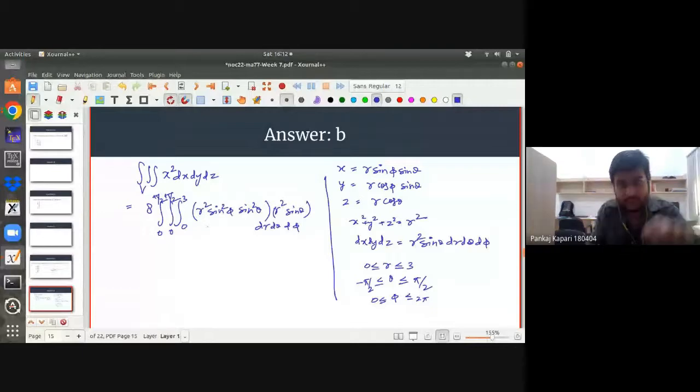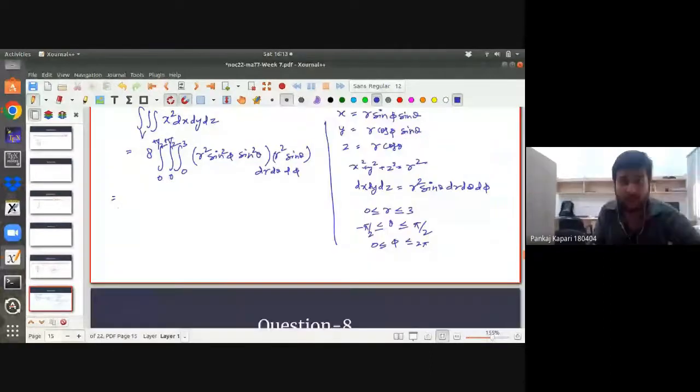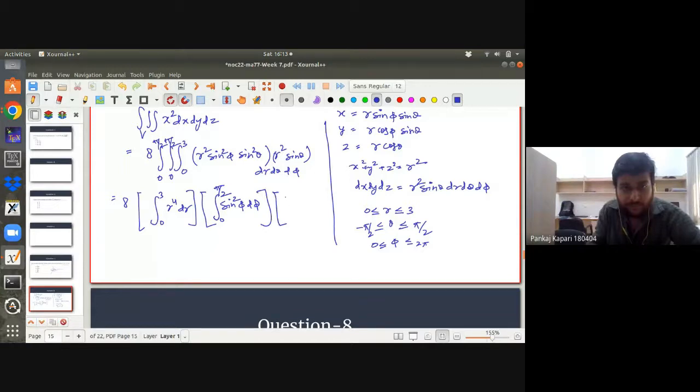So this 8 times, what we can do is just calculate this integral from 0 to 3 with respect to r, dr, then another integral with respect to phi, another integral with respect to sine cube theta, again from 0 to pi by 2.